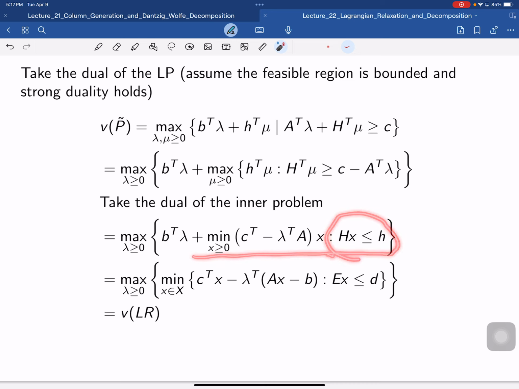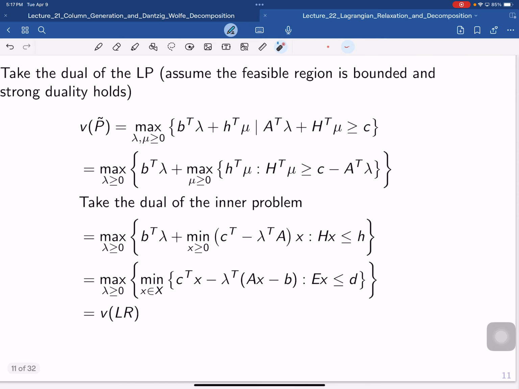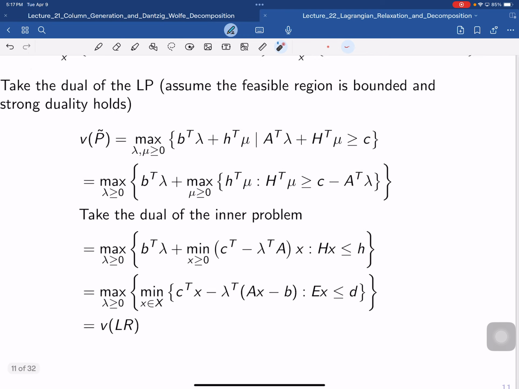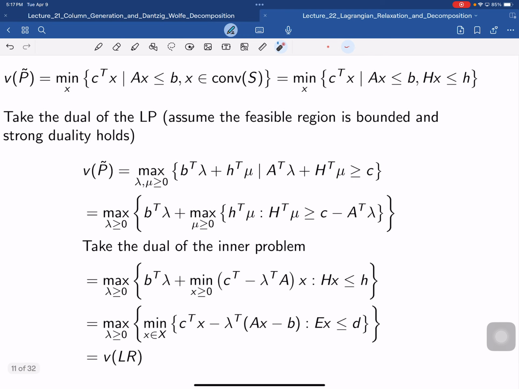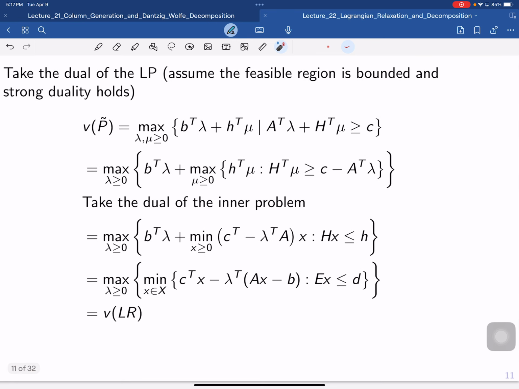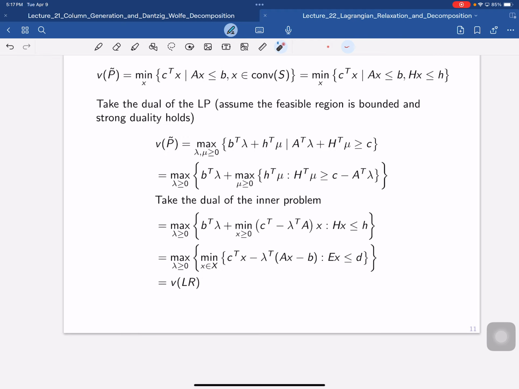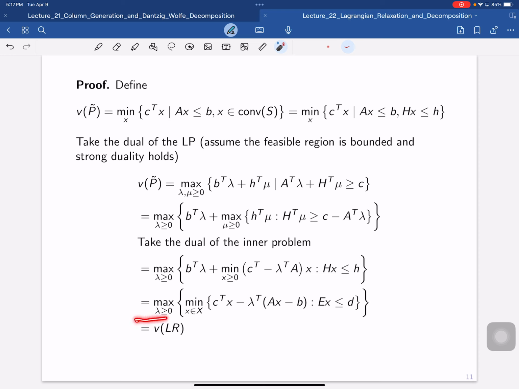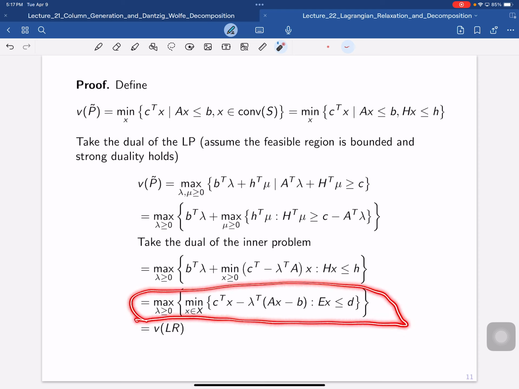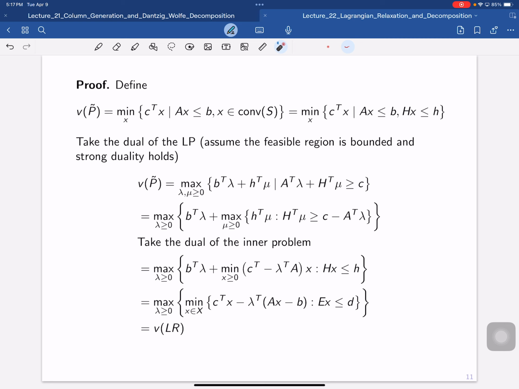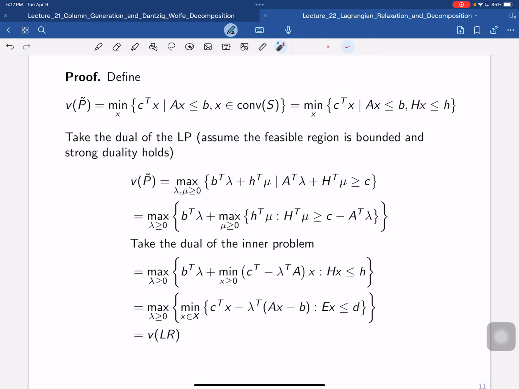And since we know that Hx less than or equal to h describes the convex hull of the region you did not dualize, it is equal to the original constraint with x mixed integer. So that's the trick: you take the dual twice to prove that. And basically this is nothing but the Lagrangian relaxation. You can take a look at it in detail after class.